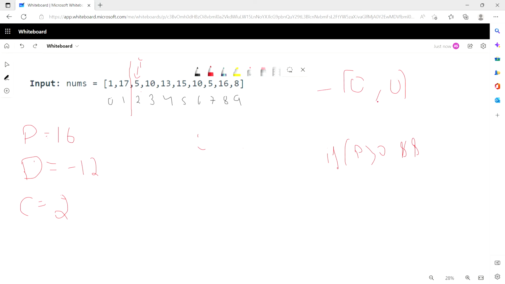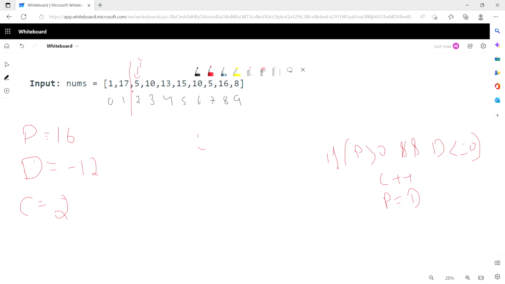So that's why I haven't taken previous difference greater than or equal to 0. And the current difference is less than or equal to 0. In this case the count will increase, and we put the previous difference as the current difference. So we wrote that condition.